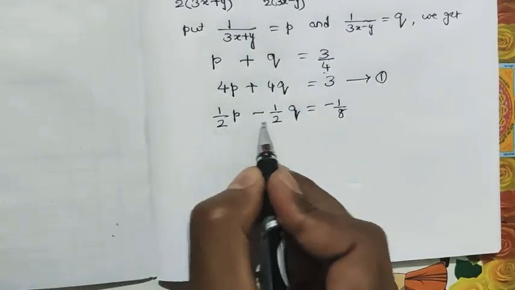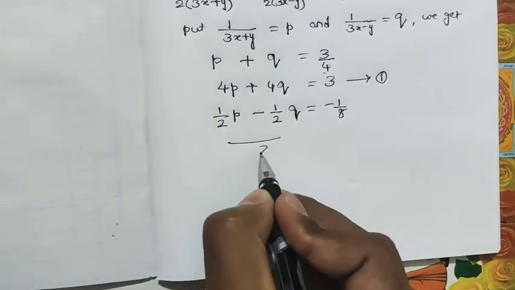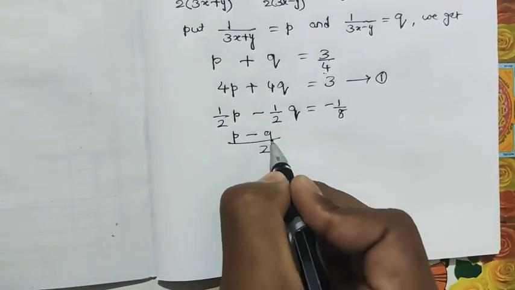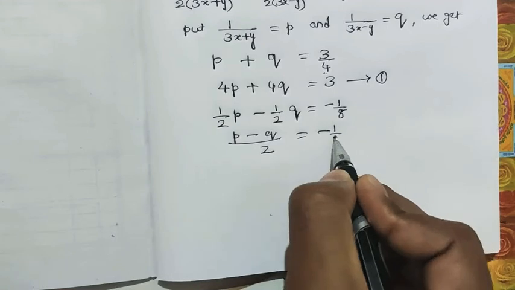Now like fractions, same denominator is there, you can take single denominator. 1p is p minus 1q is q is equal to minus 1 by 8.